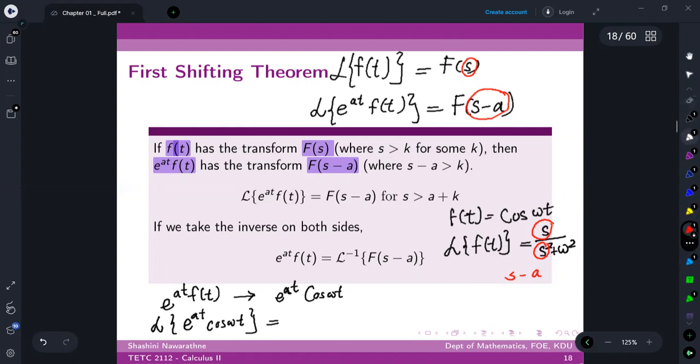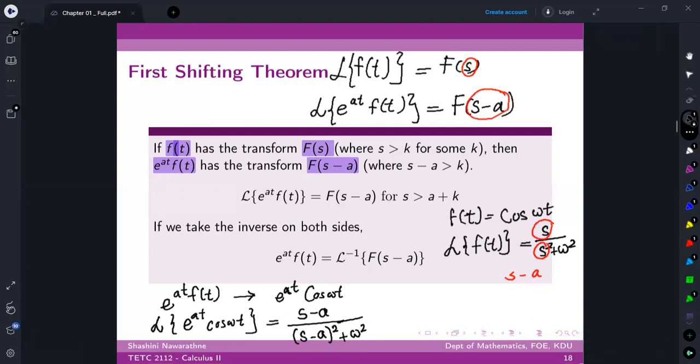So we can obtain the Laplace transform of e to the power at times cos omega t as: we have to replace s by s minus a, so s minus a over (s minus a) squared plus omega squared.